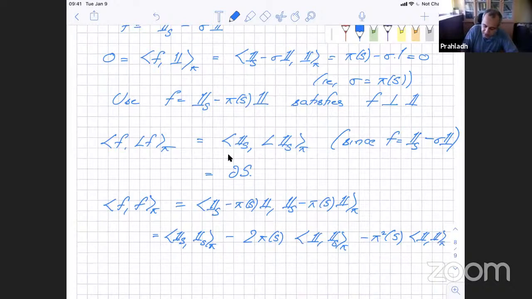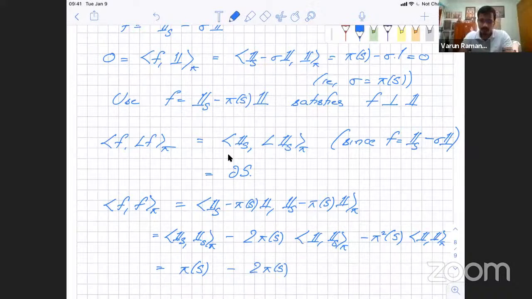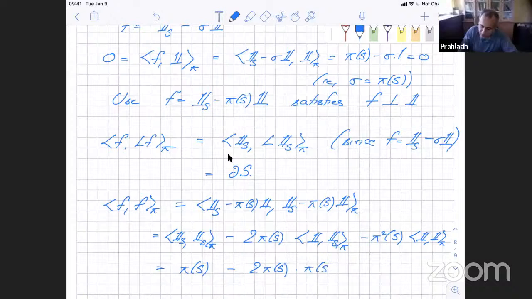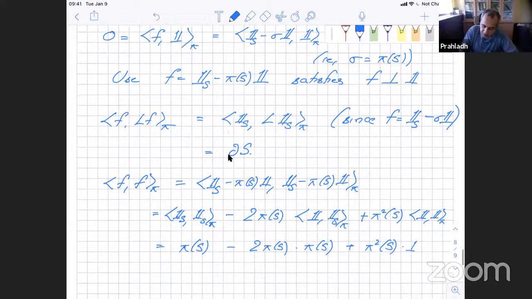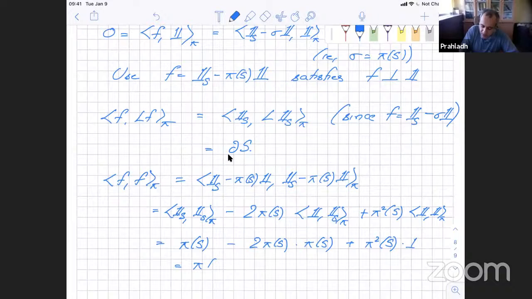What is this? This is exactly pi of s, this quantity itself will be pi of s. So this is minus 2 pi of s. Won't that be a plus pi square s? Yes, this is a plus, plus pi square s, and this is a 1. Therefore, this is exactly pi of s minus pi square of s, which is pi of s into 1 minus pi of s.